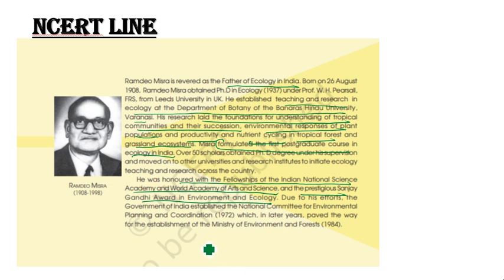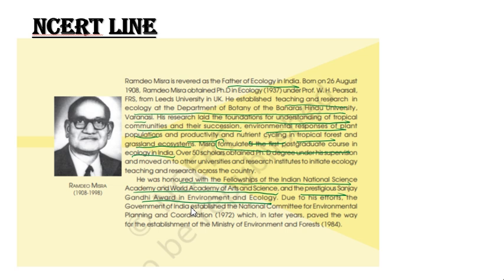Now, at the end, the very important point: Ramdev Mishra was the first. Why is he called the pioneer or the father? Because he was the first to bring it to the government that it was necessary for India to develop a national committee for environment. It was developed in the 1970s.